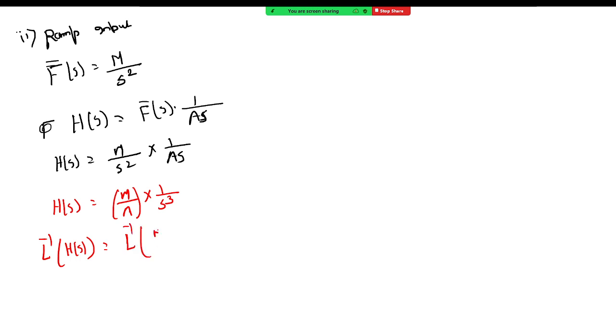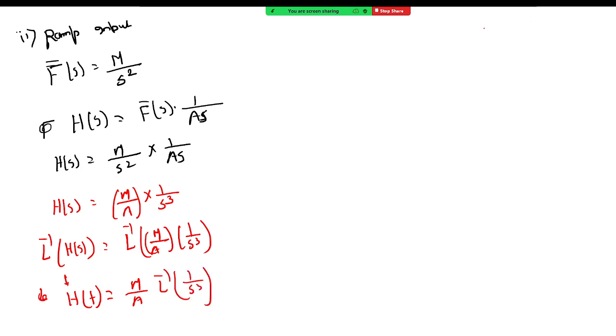Again, I'll have to take the Laplace inverse of M upon A and 1 upon s cube. Since M upon A is constant, it will come outside of the Laplace inverse. Finally you will get capital H(t) equals M upon A and the Laplace inverse of 1 upon s cube. In the previous lecture, I discussed that Laplace of t to the power n equals factorial n upon s to the power n plus 1.